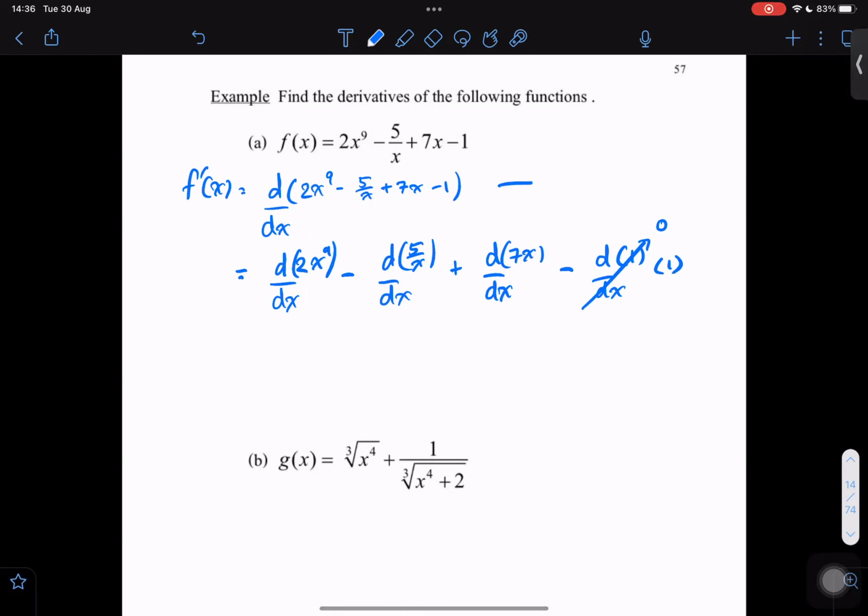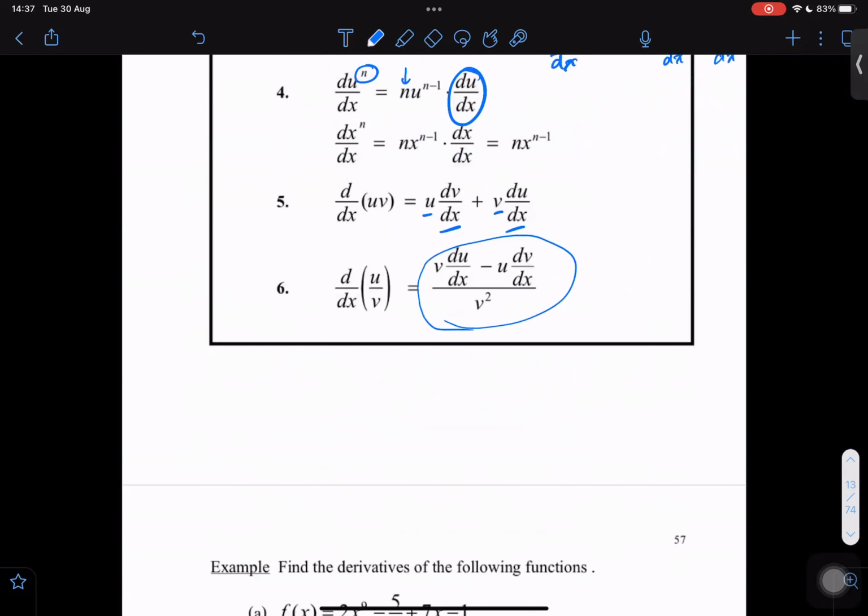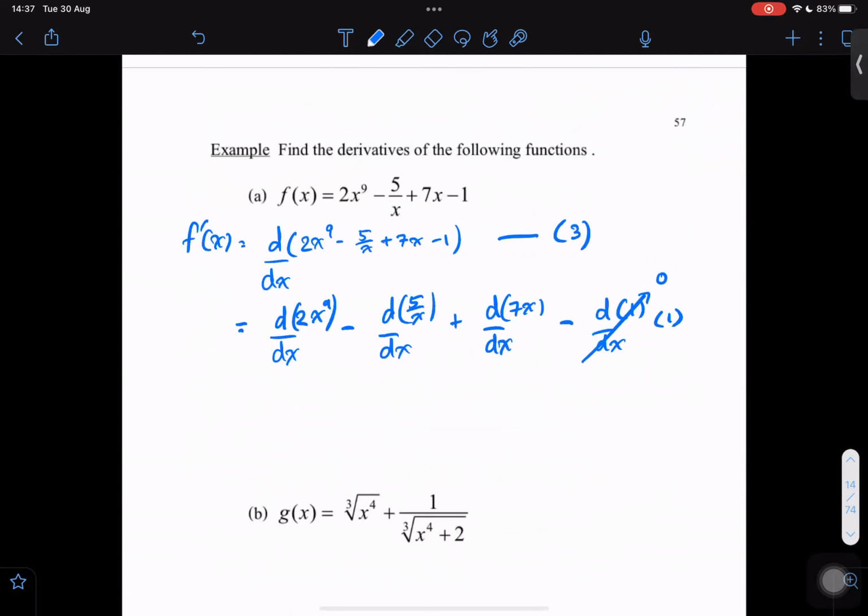And this one I use formula 3. Now maybe I will just modify this one a little bit so it's easier. It becomes 5x to the minus 1, since 1 over x is equal to x to the minus 1.